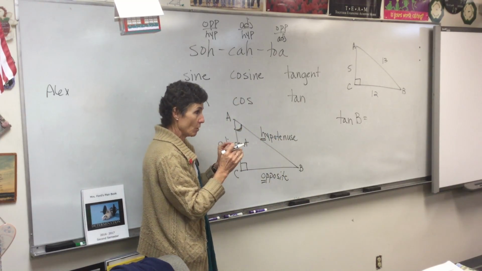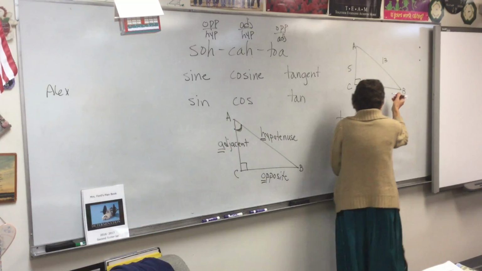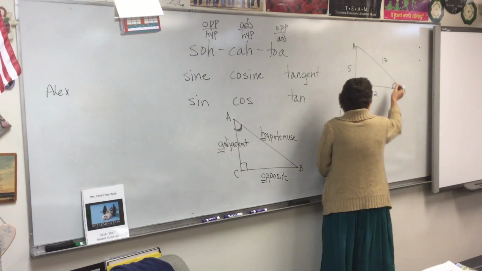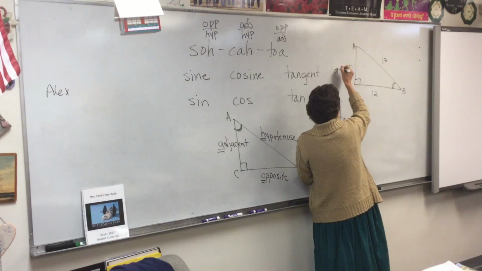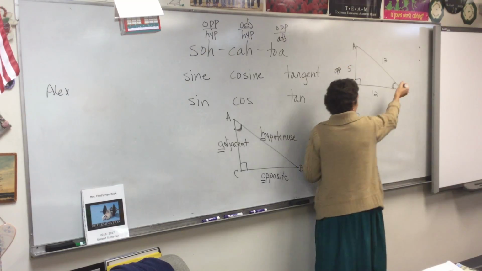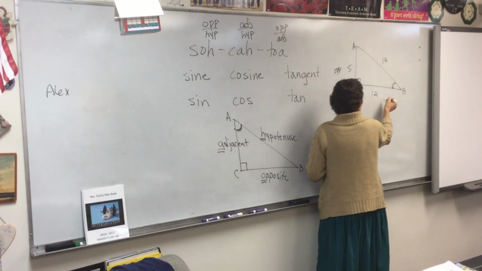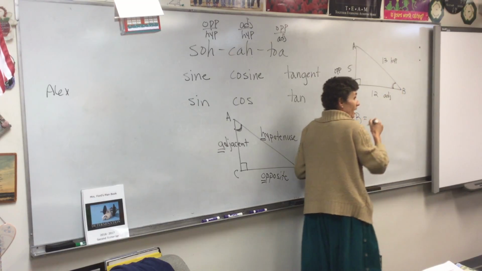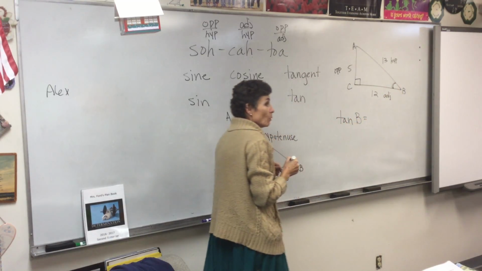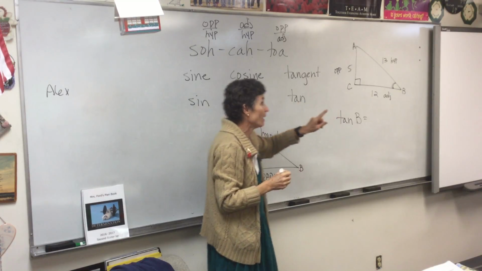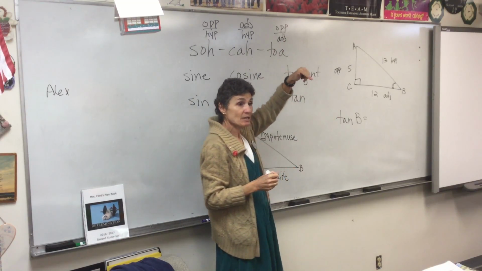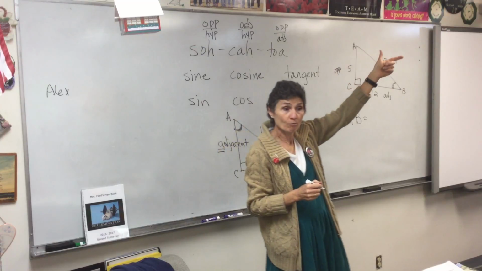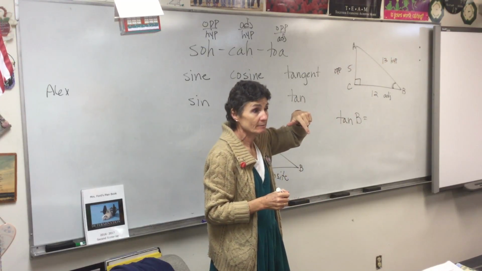All right, now first of all, you got to look at angle B, right? So here it is. Here's angle B. This is the opposite side, right, for angle B. This is the adjacent side, and this, of course, is the hypotenuse. We want the tangent of that angle. Tangent, TOA, opposite over adjacent.